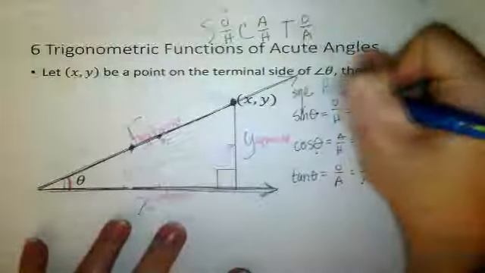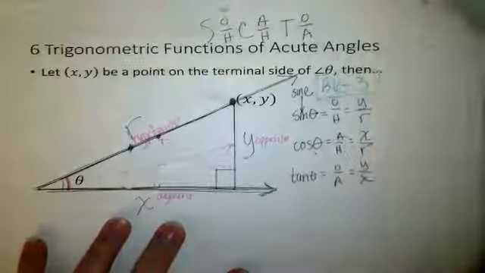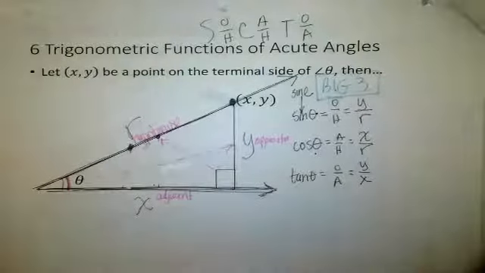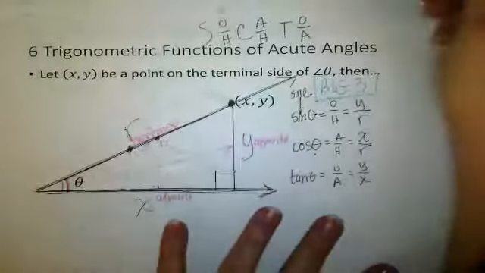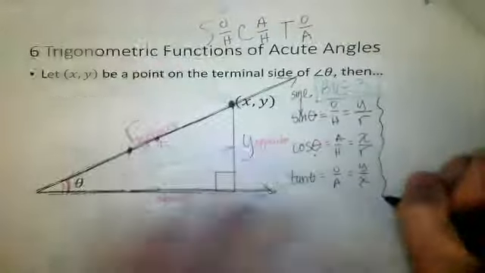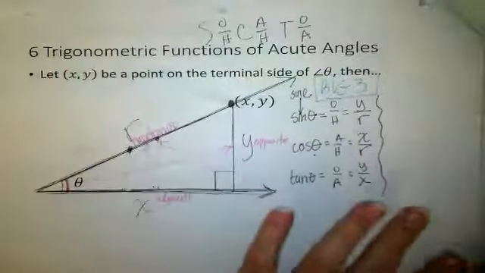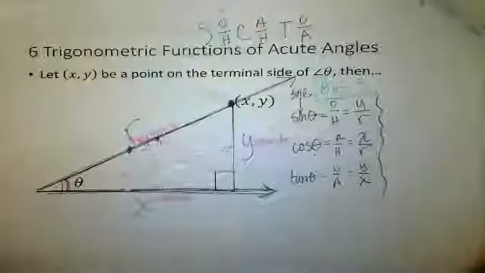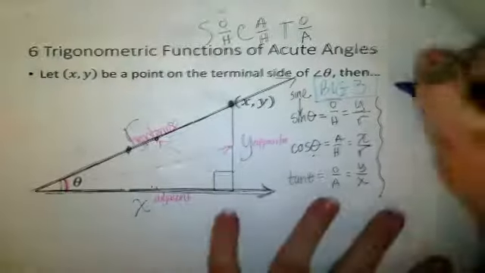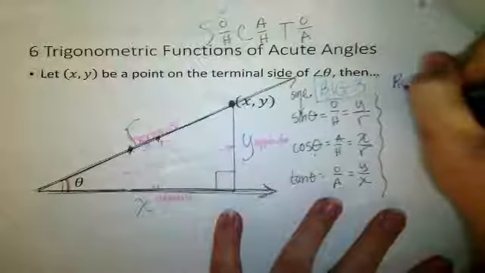I call these the big 3. Sine, cosine, and tangent are the big 3. Those are the 3 we're going to do first, always. And then to get a total of 6, we have their reciprocals. What are reciprocals?